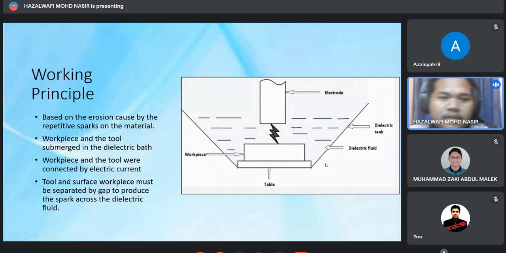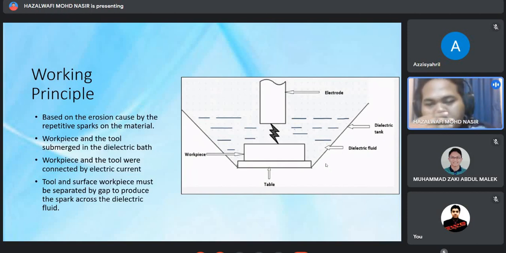First, the working principle of EDM is based on the erosion caused by a repetitive spark on the material. When the process occurs, the workpiece and the tool are submerged in the dielectric bath. The workpiece and the tool are connected by electric current. The tool and workpiece surface must be separated by a gap to produce a spark across the dielectric fluid.